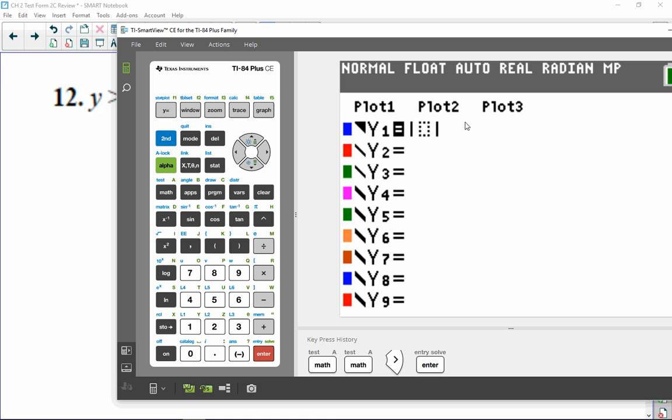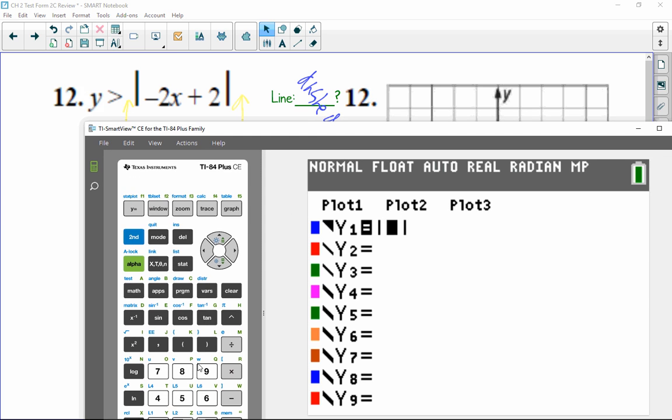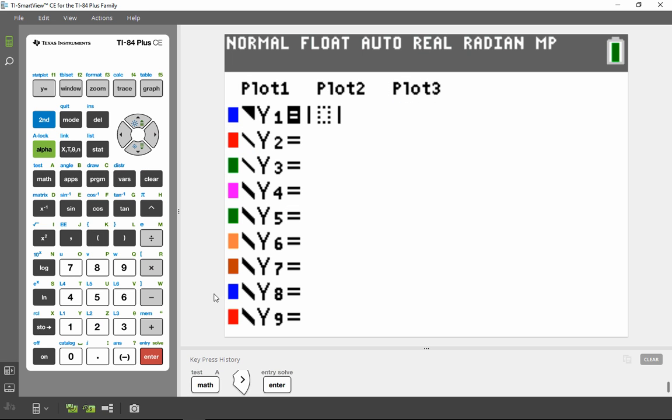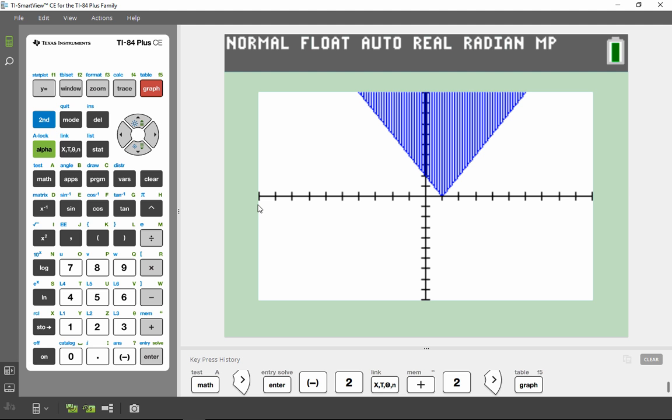On the 84s, if you're using that one, it just shows you what? Parentheses. ABS plus parentheses, right? Okay. So now I just plug it in. Again, if there's a negative, use the negative sign. Was it plus 2? Is mine right? Okay. Hit graph.